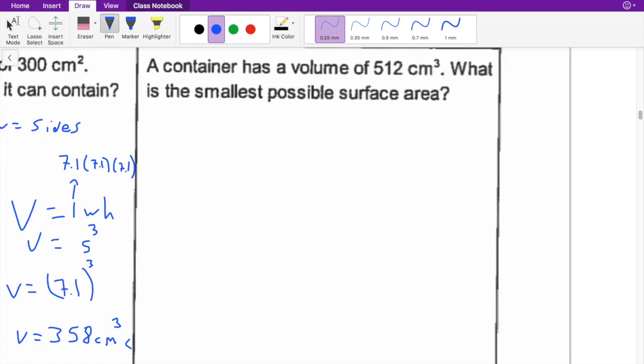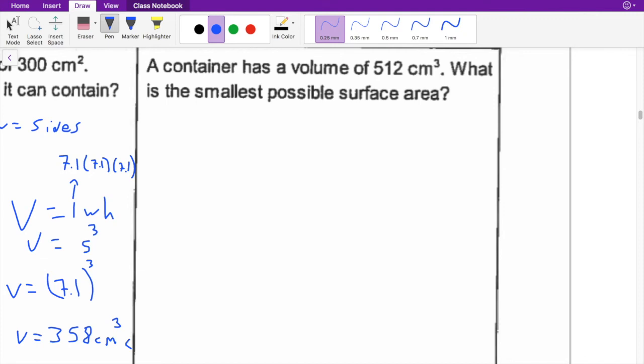So a container has a volume of 512. What is the smallest possible surface area? So we're working the exact opposite way as we did in the previous question, because we're going from volume to surface area. So if we take a look at the equation, volume equals length times width times height.